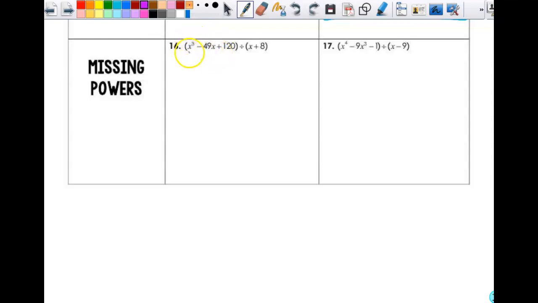So the coefficient of the x cubed is 1. The coefficient of x squared is 0. The coefficient of x is negative 49, and then my constant term is 120. Box that off. This means x equals negative 8. So negative 8 goes out there. Okay. See if you can divide that.